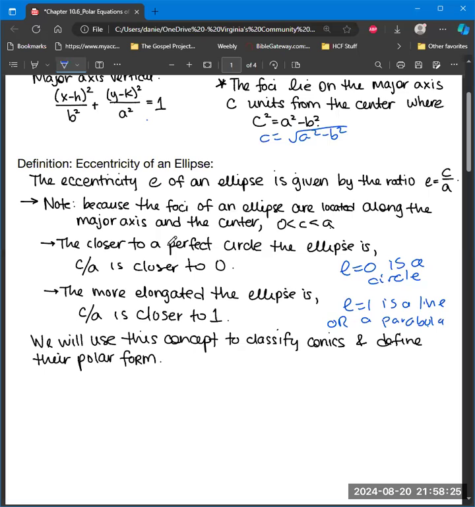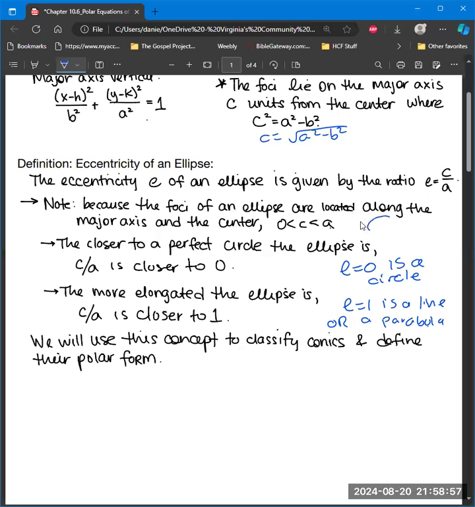Because the foci of the ellipse are located along the major axis, we know that c, the distance between the center and the focus, has to be greater than 0 but also less than a, because the foci have to be between the center and the vertex.